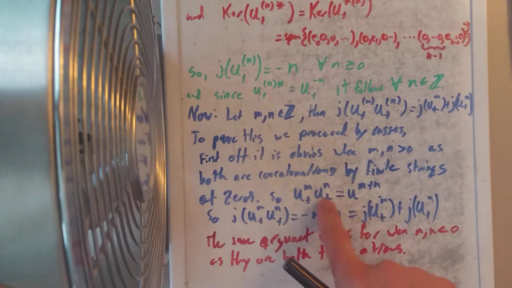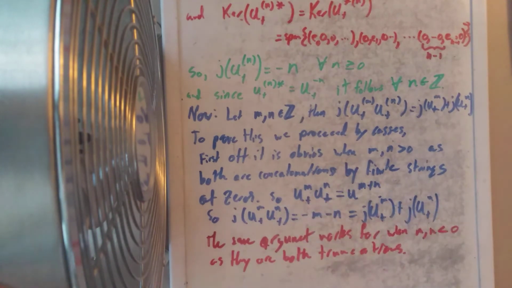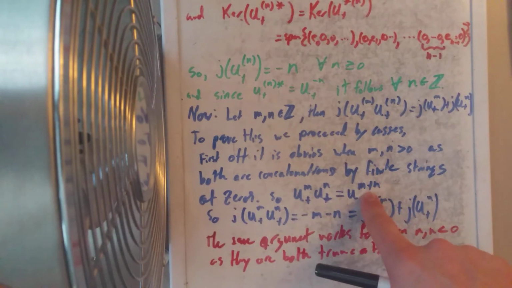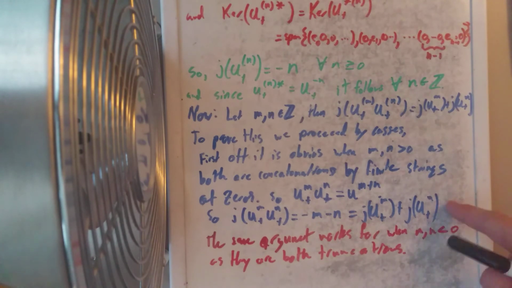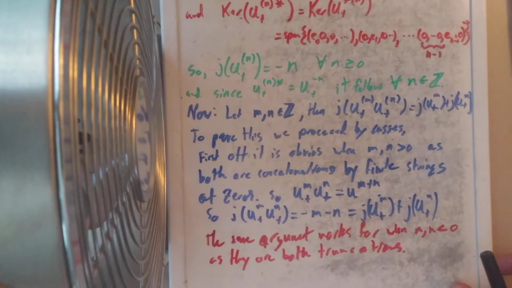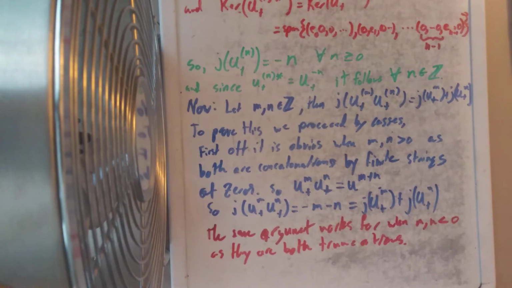So this is really the same thing as j of u plus of m plus n, which would obviously be negative m, negative n, which is by definition j of u plus m plus j of u plus n.